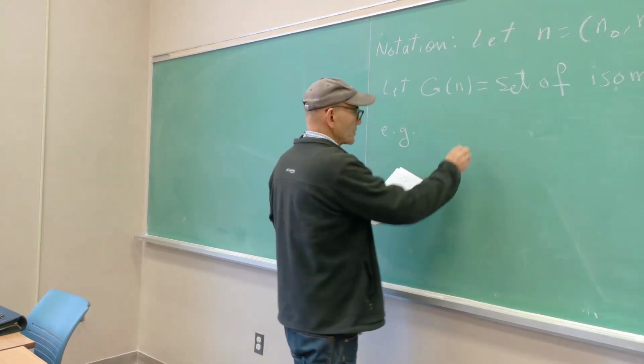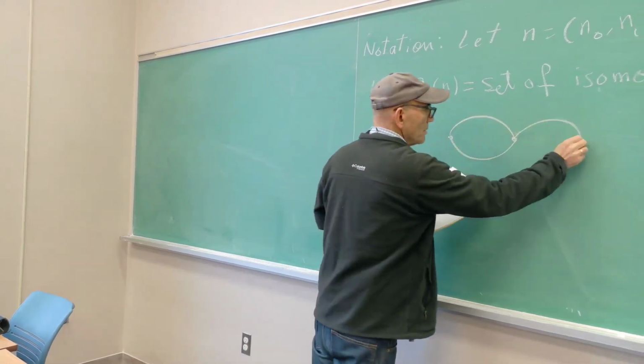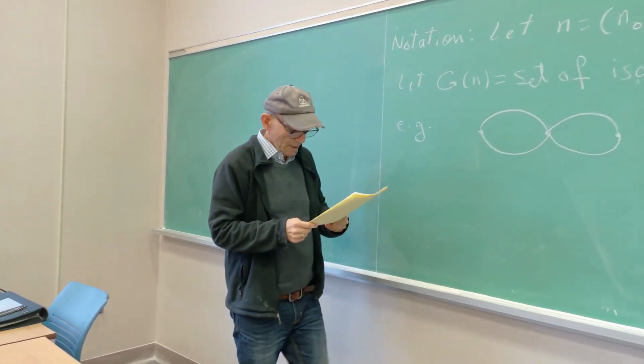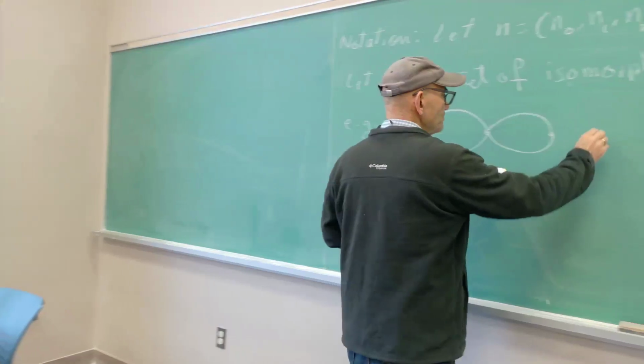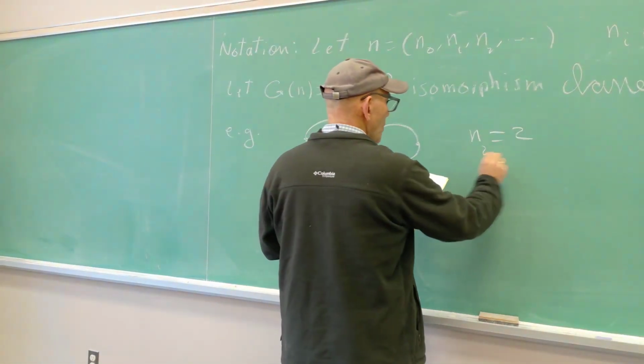Let's look at, for example, this simple eyeglass graph. Here n_2 is equal to 2, and n_4 is equal to 1.